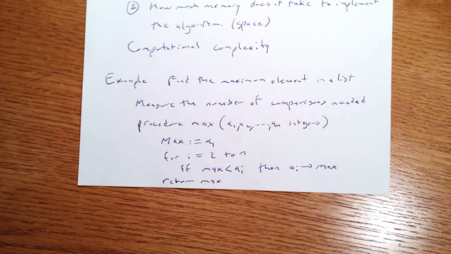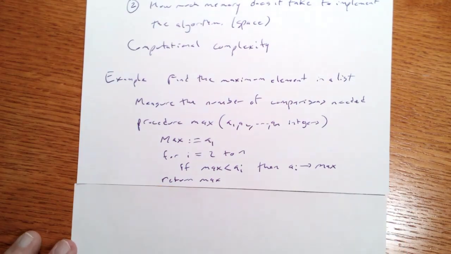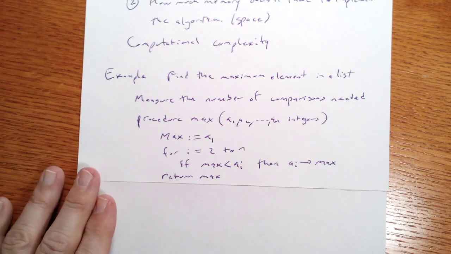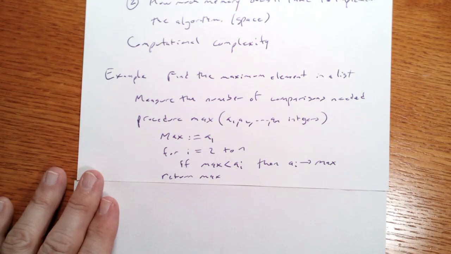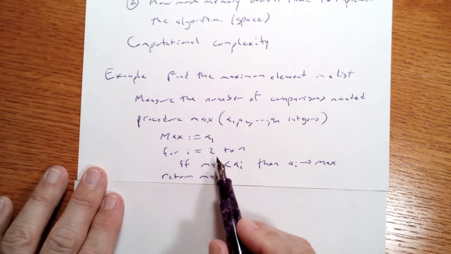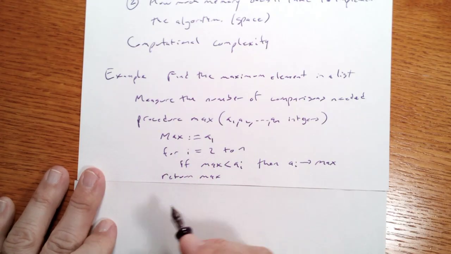So let's figure out how many steps this takes. I have to do a bunch of comparisons, right? I have to compare i to n to run the loop.